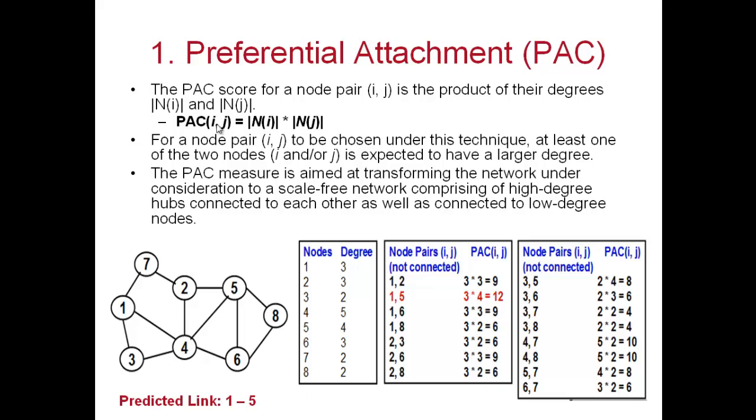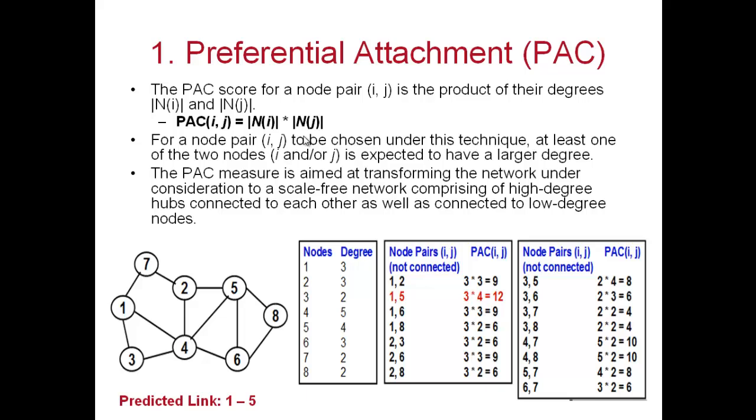In order for a node pair ij to be chosen under this technique, you want the PA score to be high, and the PA score for a pair will be high if the nodes have larger degrees. If both nodes have a larger degree, then their product will also be larger.